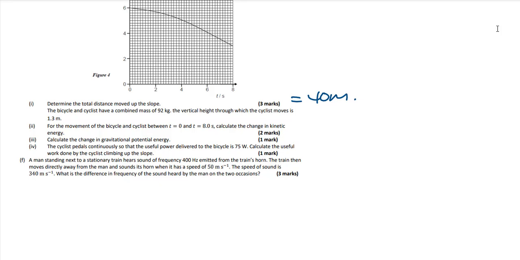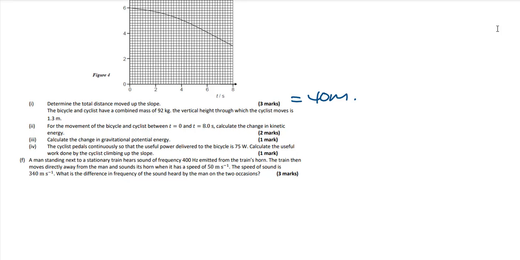We have seen that the distance is 40 times 1, 40 meters. Now the bicycle and cyclist have a combined mass of 92 kilograms, and the vertical height through which the cyclist moves is 1.3 meters. For the movement of the bicycle and the cyclist between t equals 0 and t equals 8, calculate the change in kinetic energy.